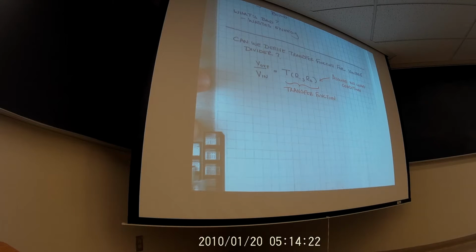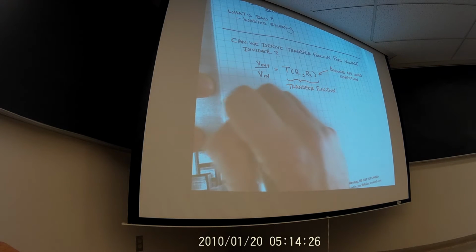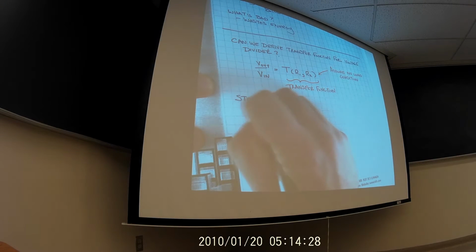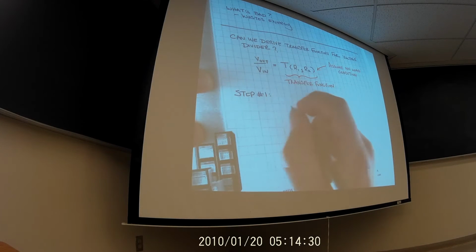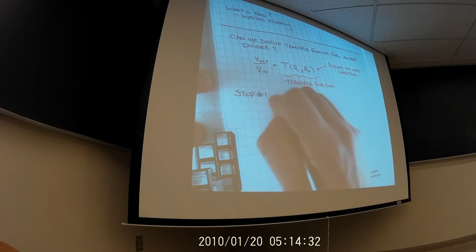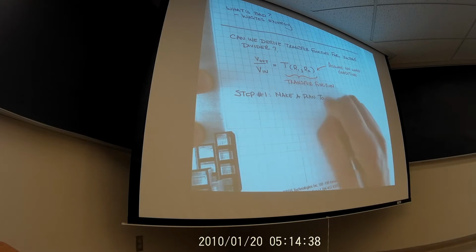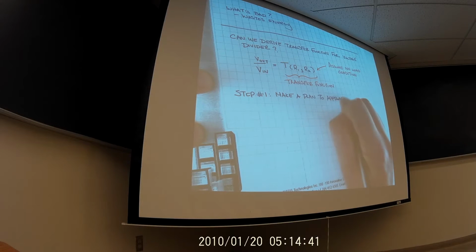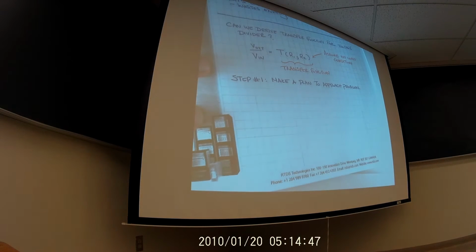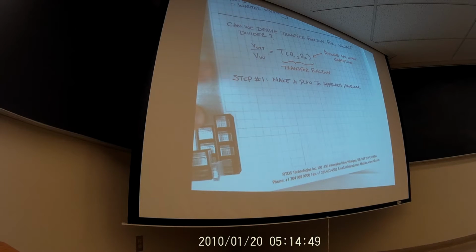All right, so what are we going to do? The first step is going to be to make a plan to approach the problem, because we haven't dealt with a lot of these types of problems yet.